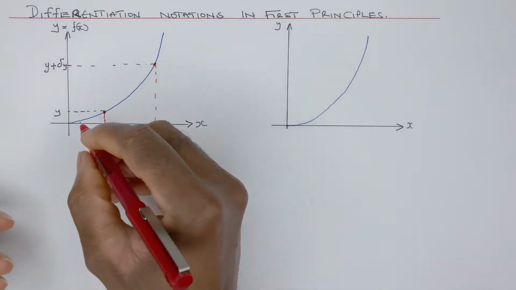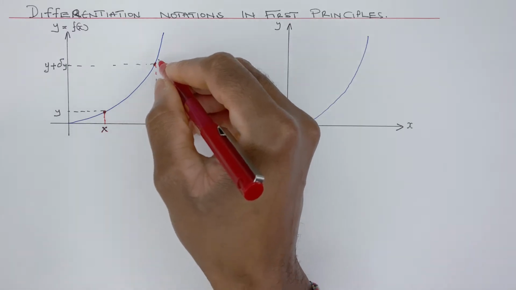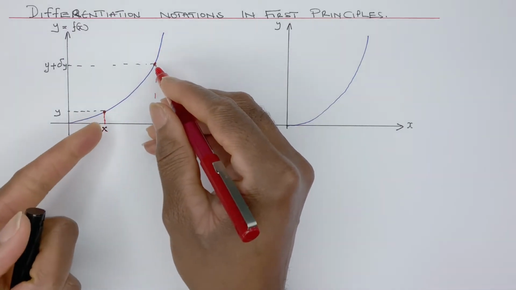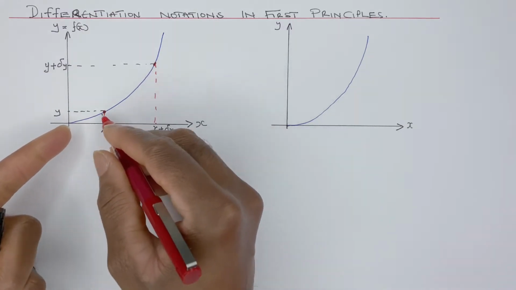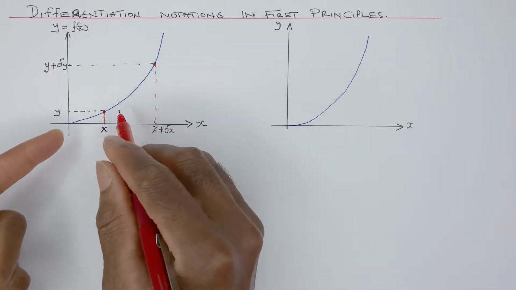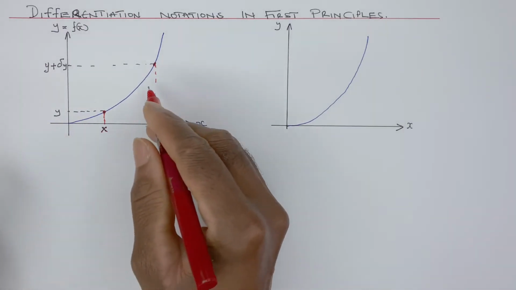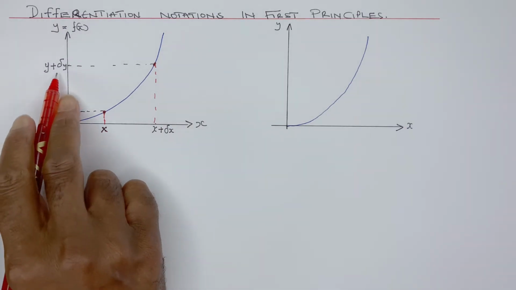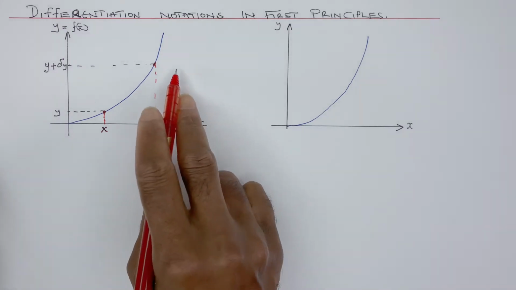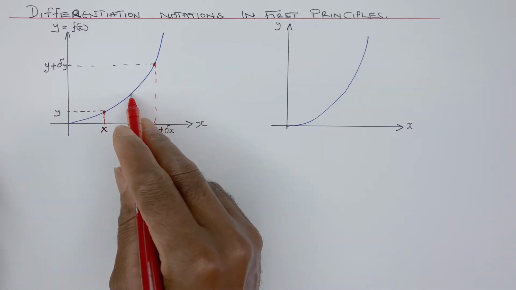Because the gradient is changing as you go along the curve, it's very difficult to find the derivative or the gradient of this curve. The only time to find the actual gradient of this curve is at a particular point. So because we're not doing that, we're using the notation delta y over delta x. Delta y is being used because we are not finding the gradient at a particular point.